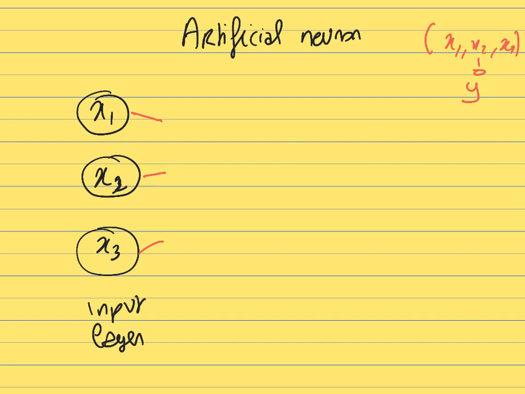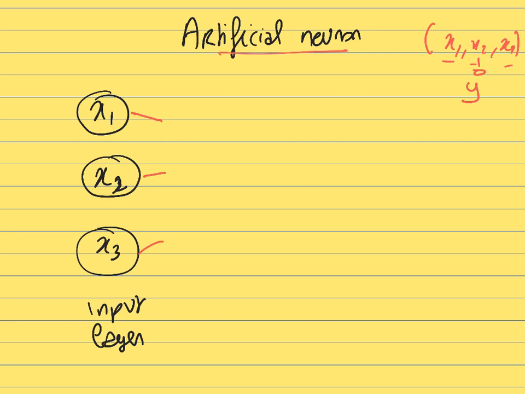So for each of the input neurons, you are going to use the value of the features. And the first thing that this given neuron is going to do, here we are just going to talk about one single neuron, and then those neurons are going to be connected to each other in the network.